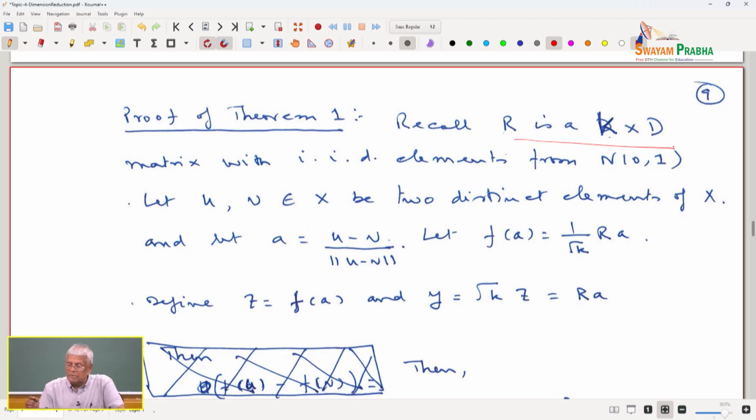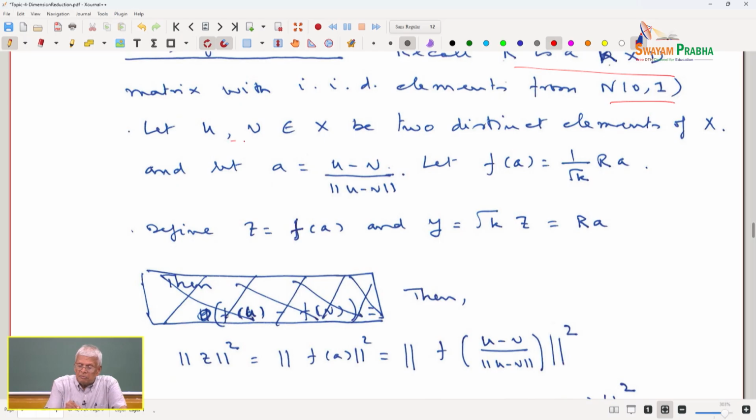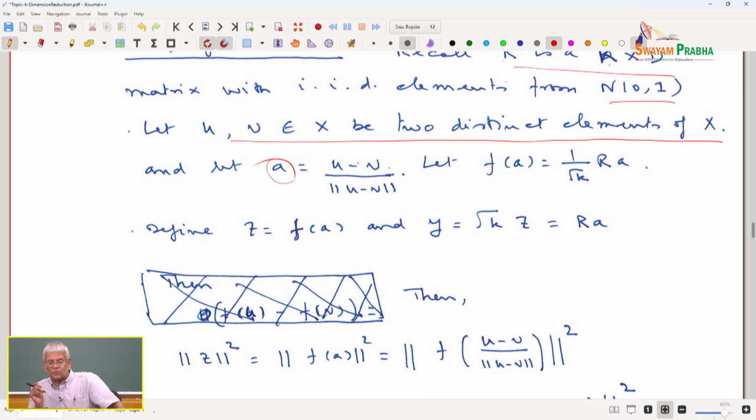So theorem. Recall R is a k by d matrix with entries i.i.d. from N(0,1). U and V belong to X, two distinct elements of X. I have a unit vector A which can be realized as U minus V by the length of U minus V. F of A is 1 over root k times RA.